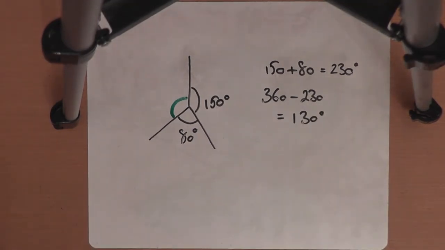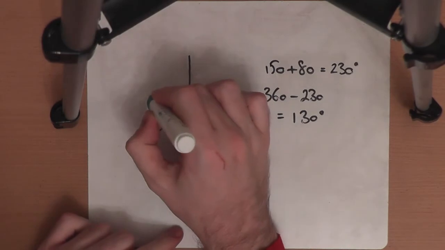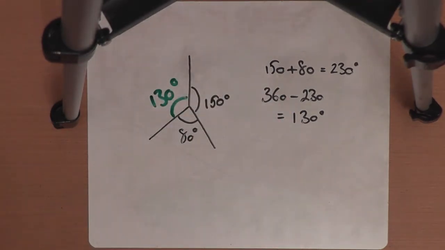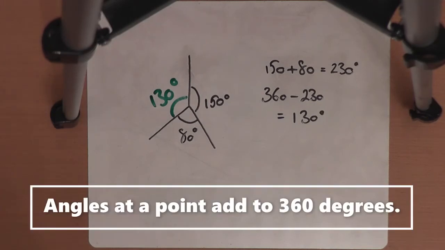And the size of that green angle is 130 degrees. How do we know? Well, we use the fact that the three angles together make up a full turn of 360 degrees. We could do with a quotable phrase to say this is the fact that we've used. So the quotable phrase we go with is angles at a point add to 360 degrees.